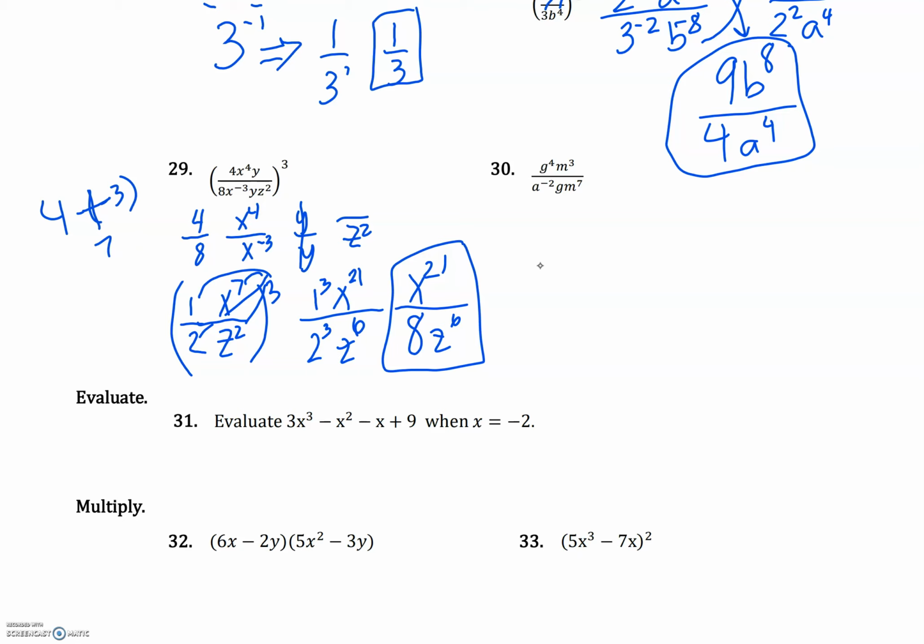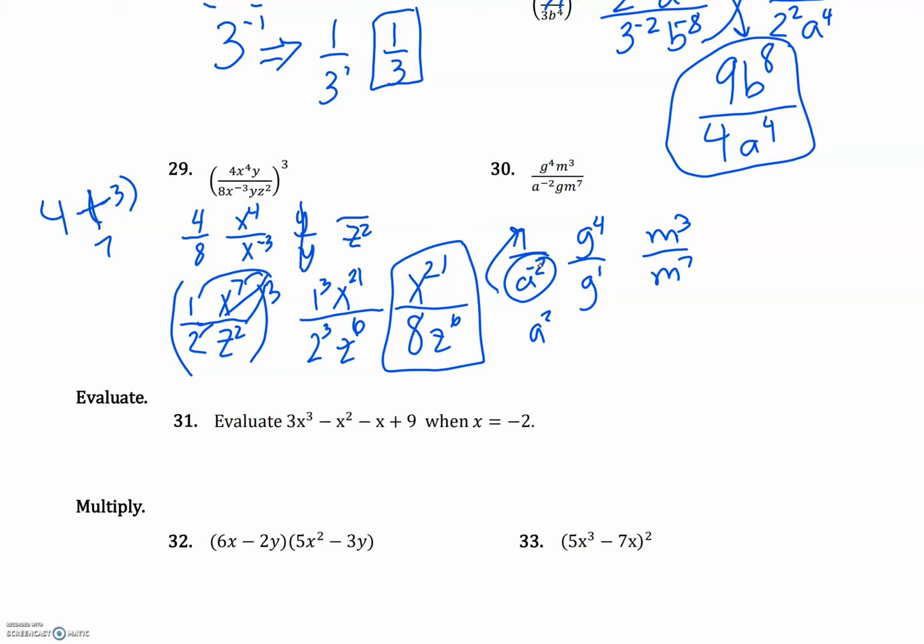Number 30. Again, I'm going to kind of separate these out. I have a to the negative 2 on the bottom, and put the g's together and the m's together. A to the negative 2, because the negative exponent can come to the top, so I'll have a to the positive 2 on the top.